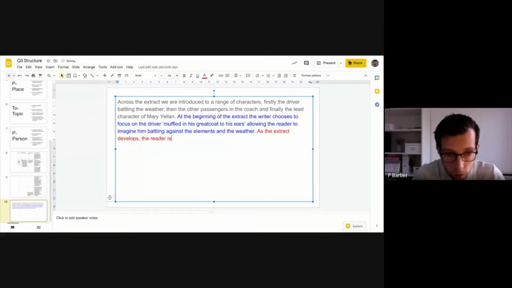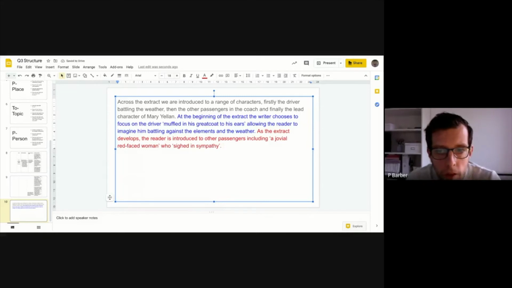The reader is introduced. Okay, so as the extract develops, the reader is introduced to other passengers, including a jovial red-faced woman who sighed in sympathy.